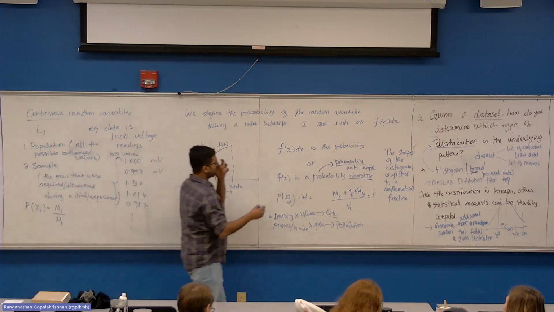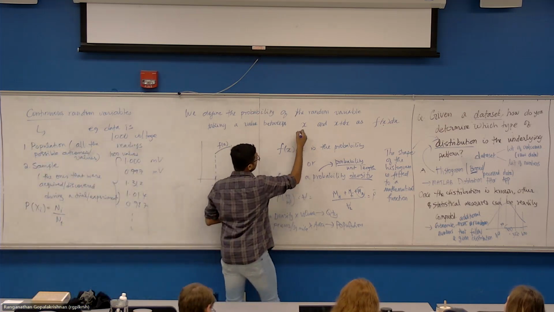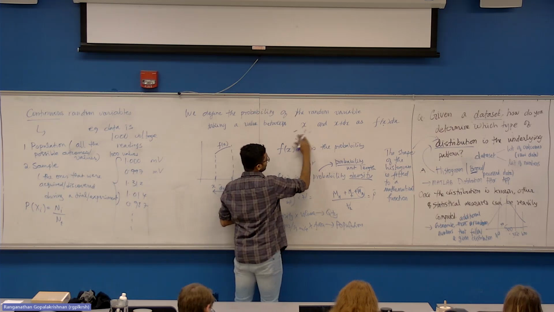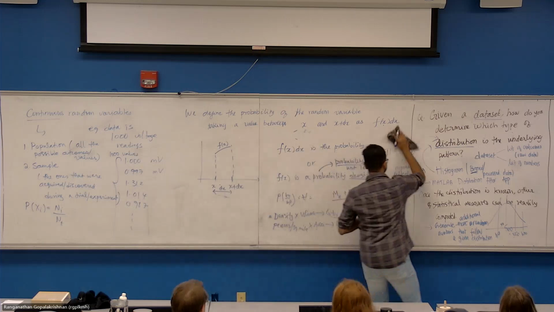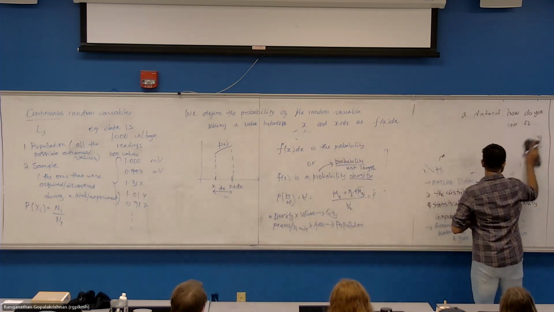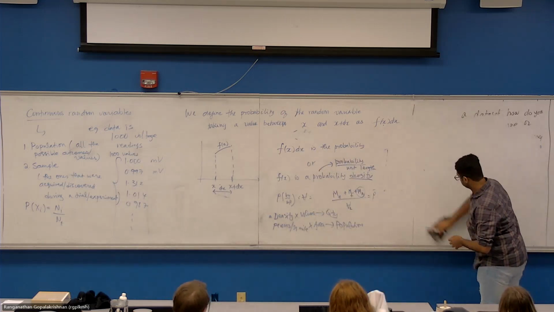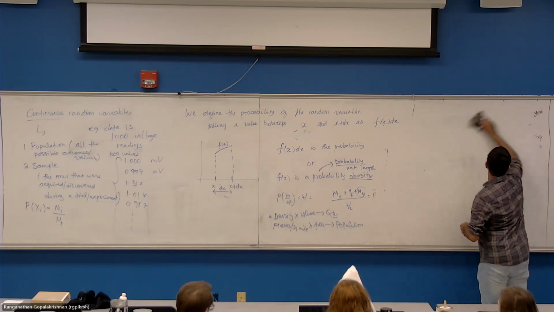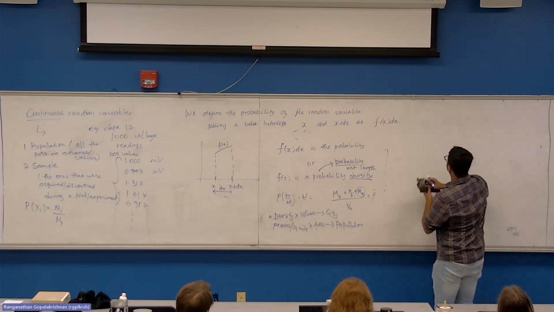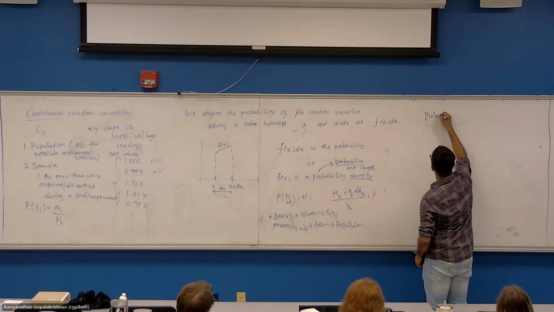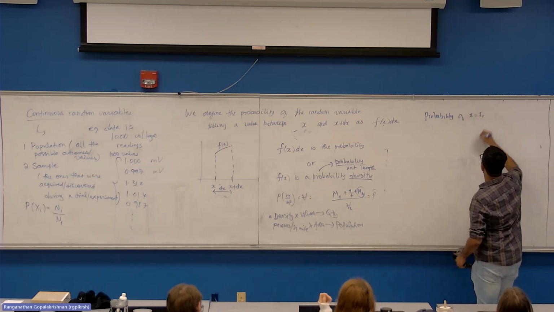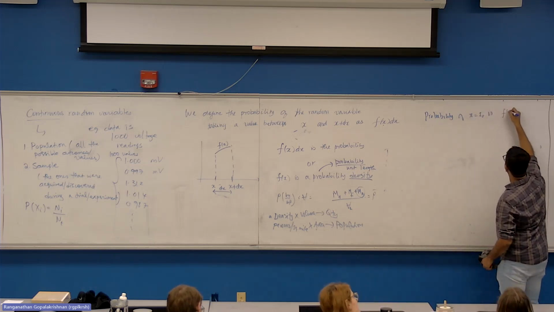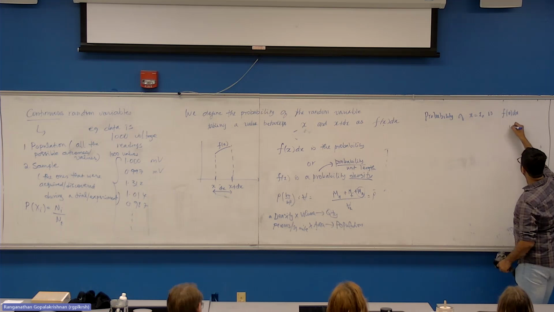So if I say the probability of x equal to 1, okay, the probability of x equal to x naught is f of x dx, where dx equals 0.